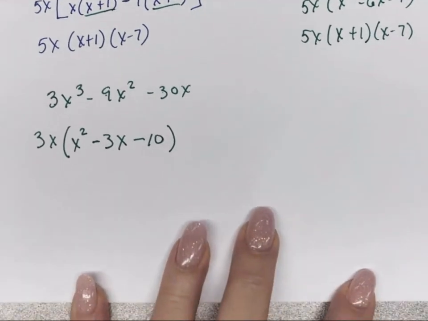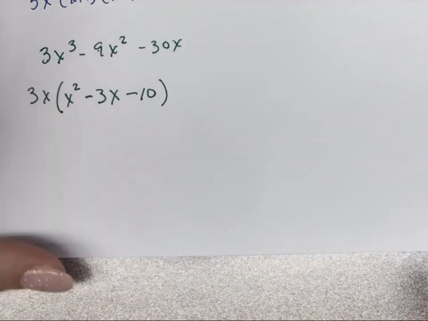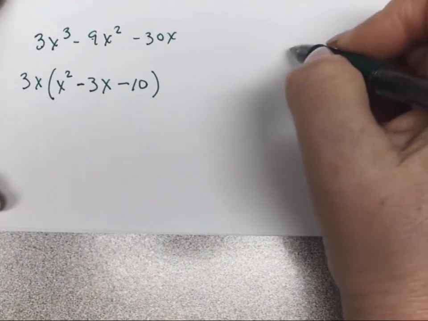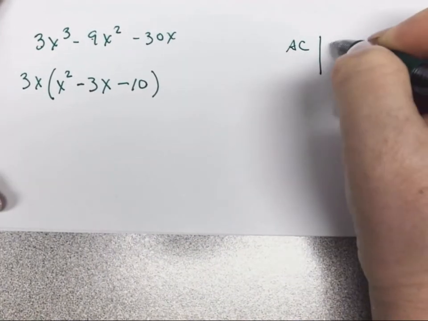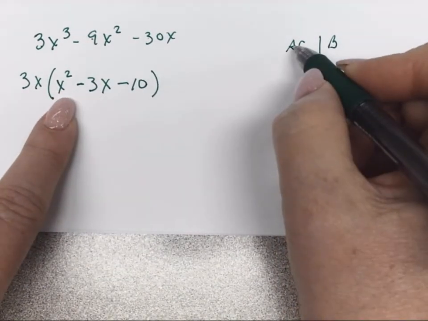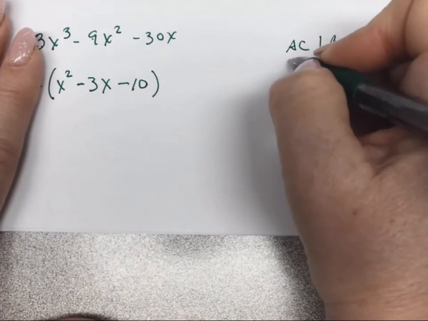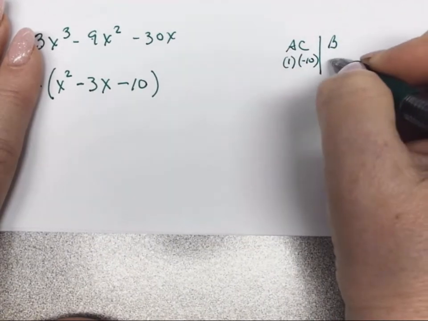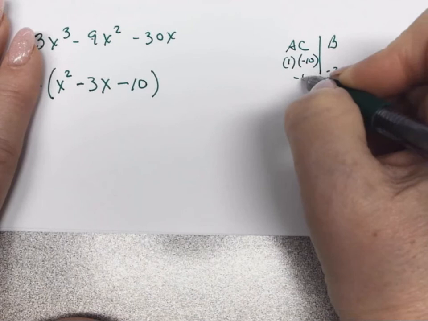So now we are back again to where we're doing the AC part. So A times C getting us to B. So with my A being a 1 and my C being a negative 10, trying to get to a negative 3.